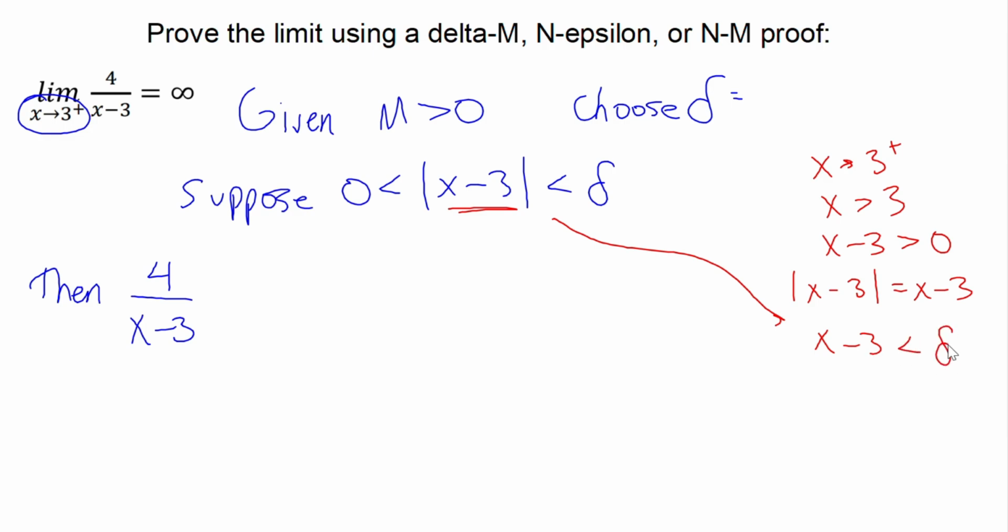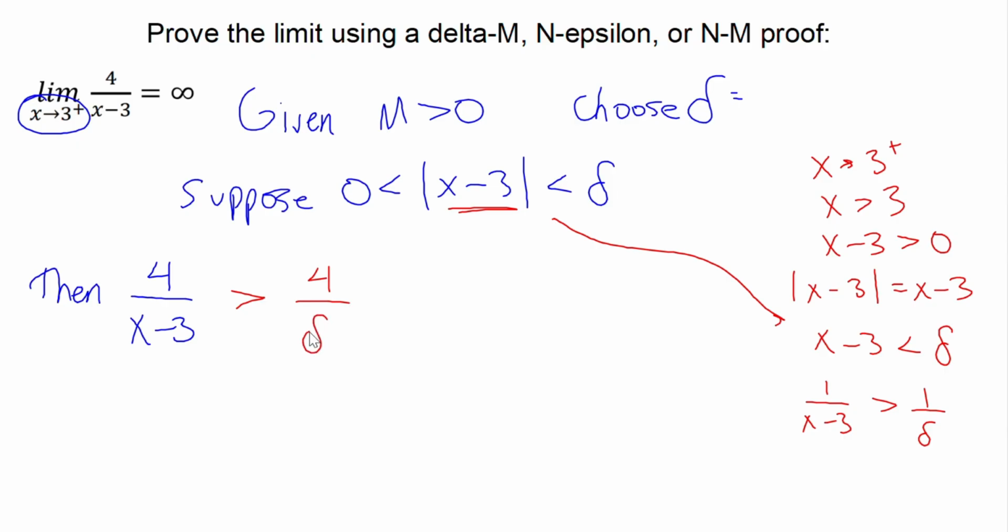Using that information that x minus 3 is less than delta, we can just take a reciprocal. 1 over x minus 3 must be greater than 1 over delta. And if 1 over x minus 3 is greater than 1 over delta, that must mean that 4 over x minus 3 is greater than 4 over delta.